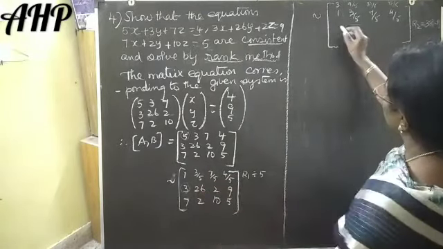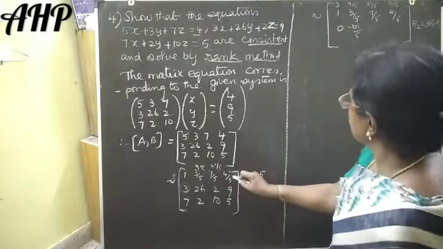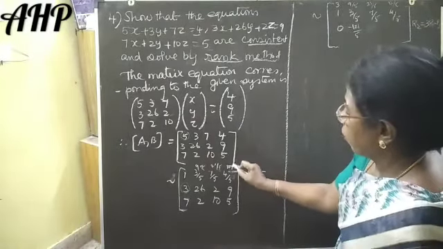Next we are supposed to compute 7 by 5 minus 2. Taking LCM 5, 7 minus 10, so this is going to be minus 3 by 5. Now again, 3R1 gives 21 by 5 here and 12 by 5 there.